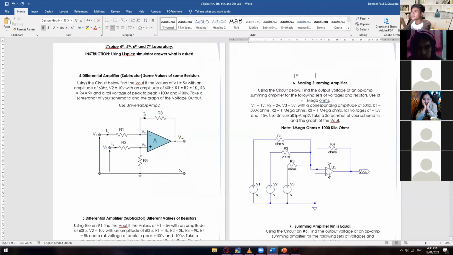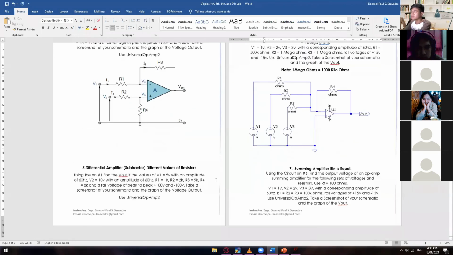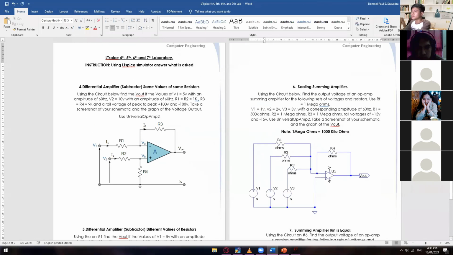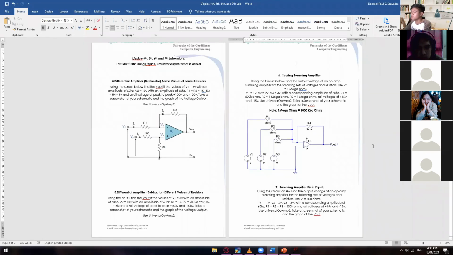There you go, I have just included that: use universal op-amp. Same with number 6 and number 7. So that's it for your 4th, 5th, 6th, and 7th laboratories.